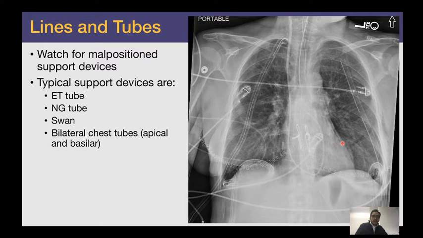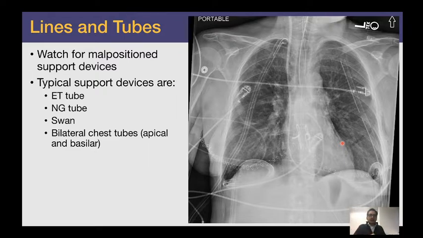And so this is what it looks like. Basically, in the immediate postoperative period, this is what your immediate postoperative chest x-ray is going to look like. Okay, you're going to have an ET tube, there's going to be an NG tube, there's going to be a Swan, and then there's going to be bilateral chest tubes, both at the apices and at the bases.